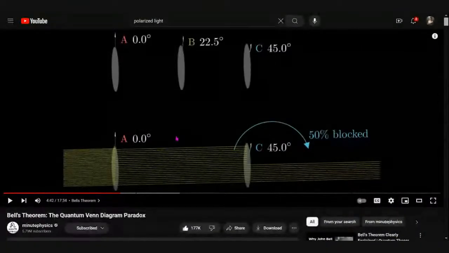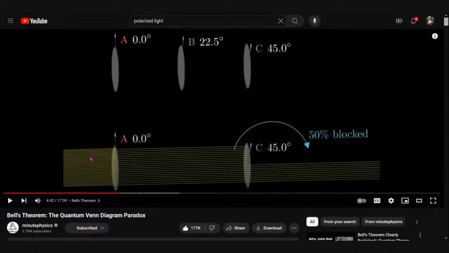Okay. So they say we don't care who passed through A, whatever the number is. 50%. So these are all 0 degrees. At 45 degrees, obviously it's 50%. That's fine, so we agree with that. Everything is resolved.